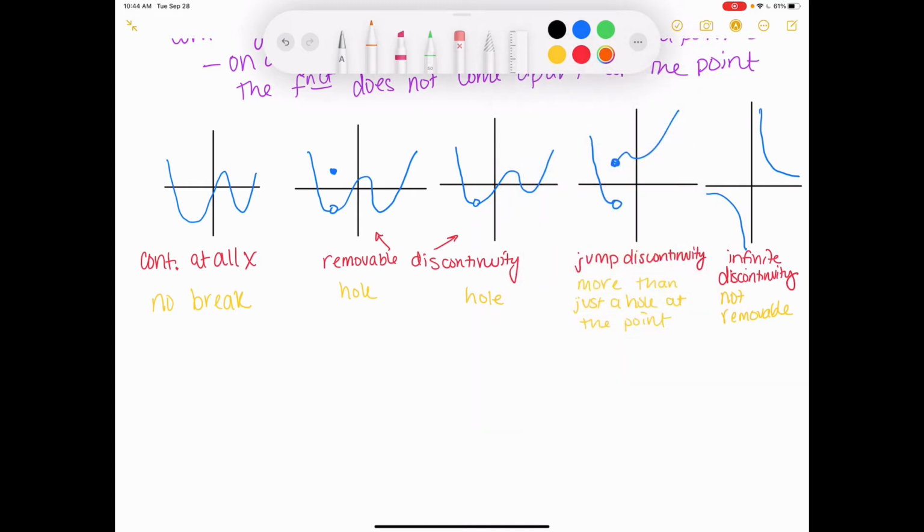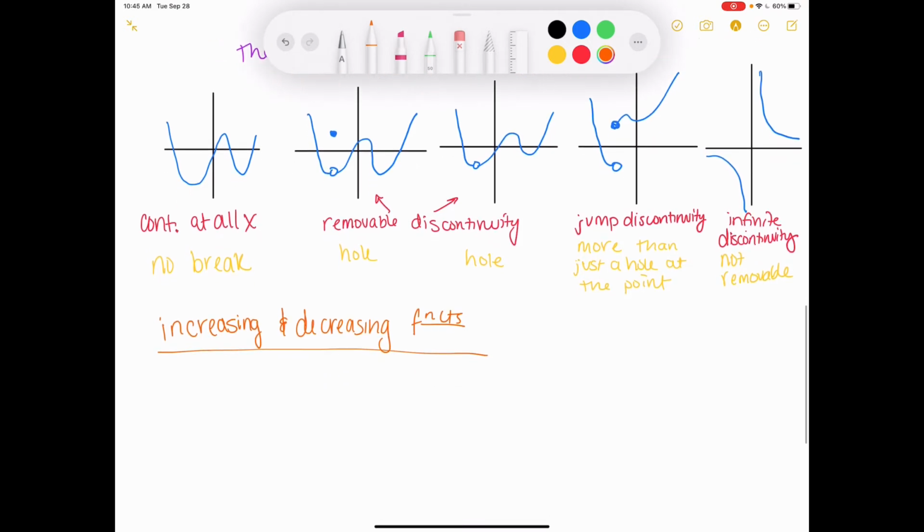All right, the next thing we have, you're going to need 4 graphs again, but it's going to be increasing and decreasing functions. Okay, so we're going to draw 4 graphs this time instead of 5. So I'm going to work my way across here with these.